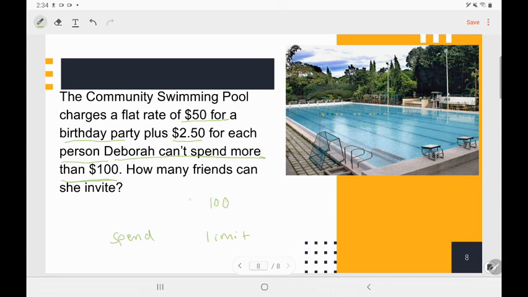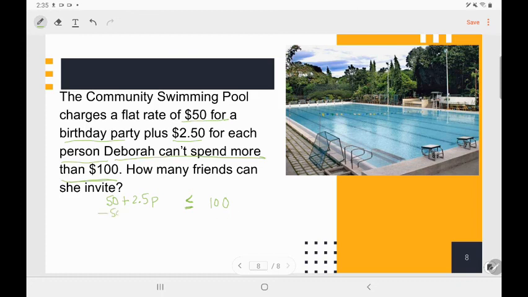She can spend that. So it can equal 100, or what she spends over here is less than or equal to 100. Well, what is she spending money on? $50 plus her $250 for each guest, and I'm paying that $250 more than once, so make sure you put a variable attached to it. And let's go ahead and solve that.